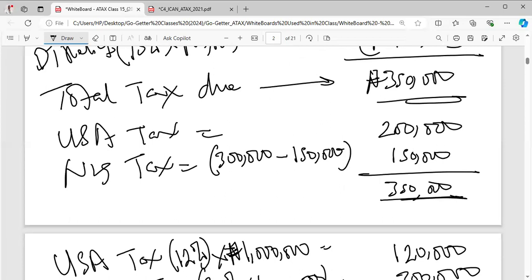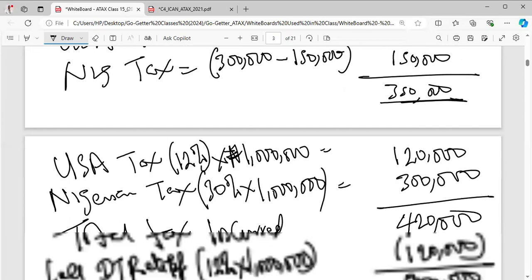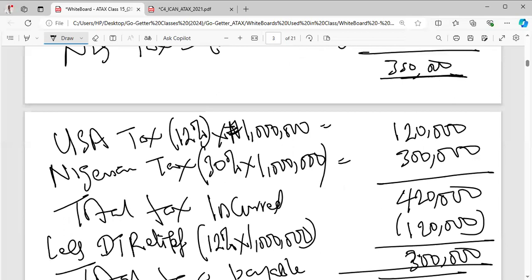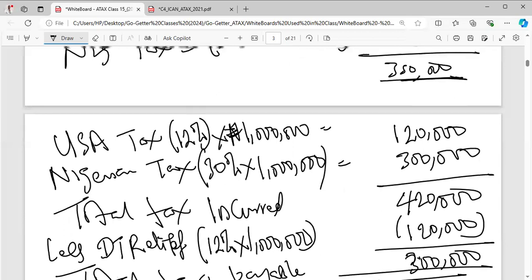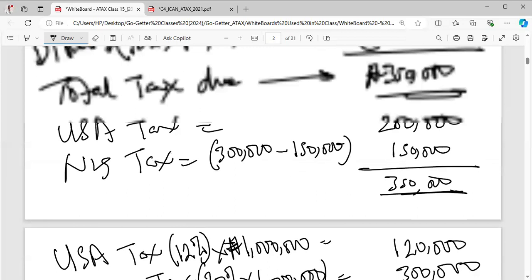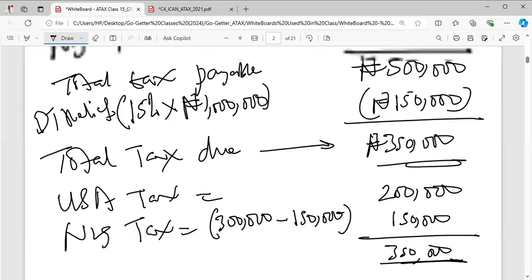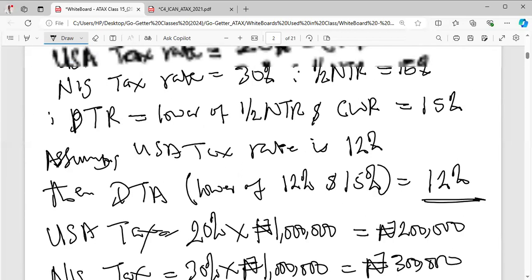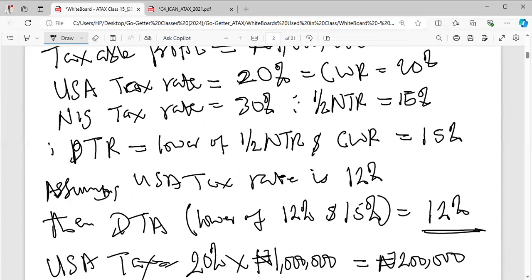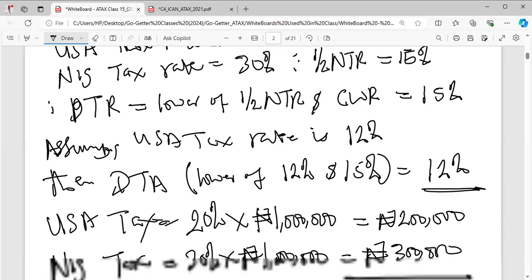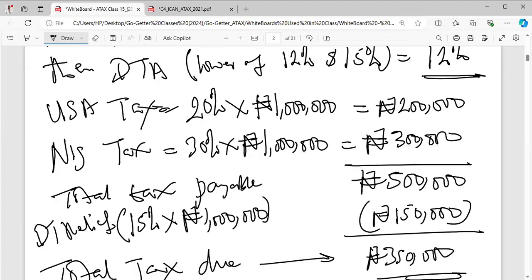Okay, sorry, so when the foreign tax is higher than half of Nigerian tax, it is paying a higher fee.